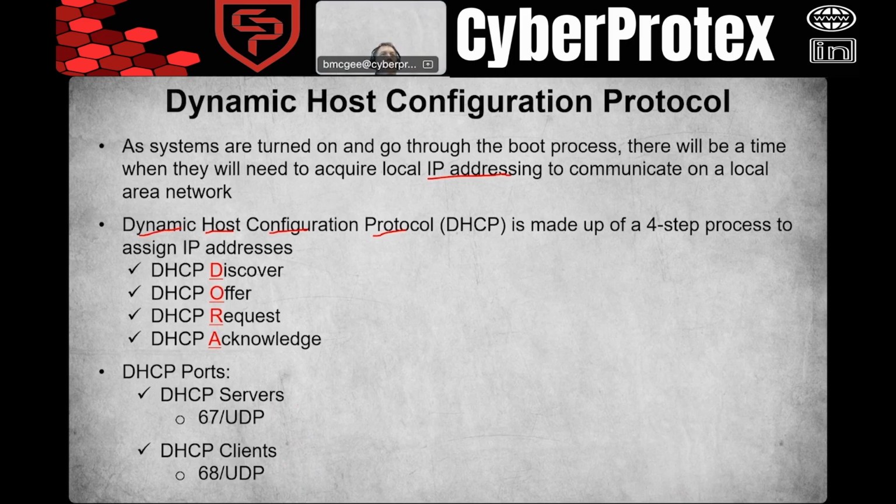Oh, so the server would be the one that actually gives out the leases, right? Yeah, DHCP, and then the clients would be all the consumers. Why are they on different ports? You know what? I don't know. It's been a while since I've gotten into the devil in the details there, so I don't know off the top of my head.